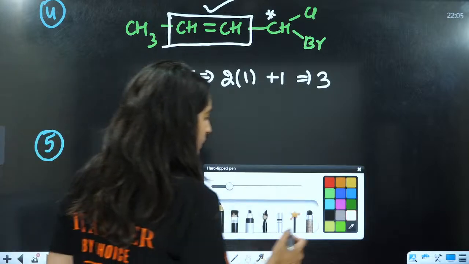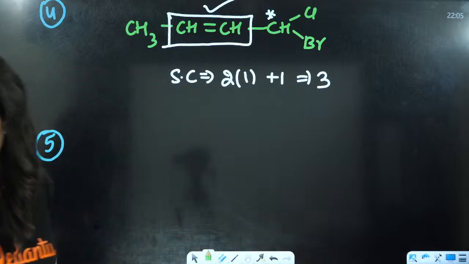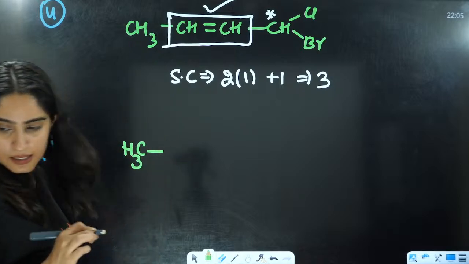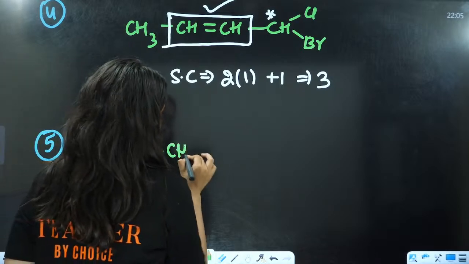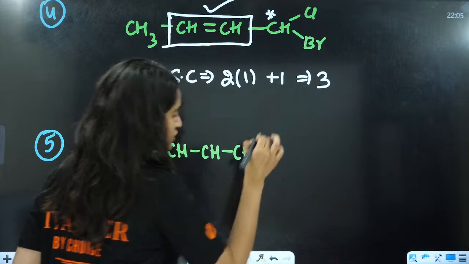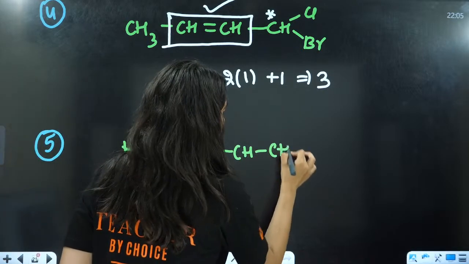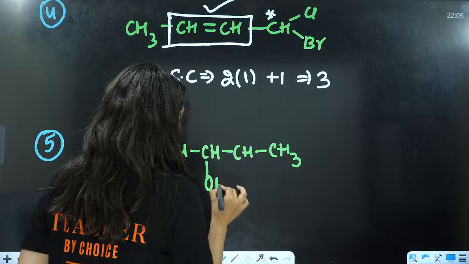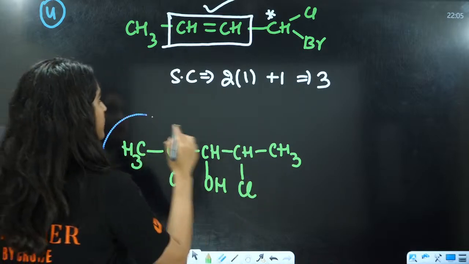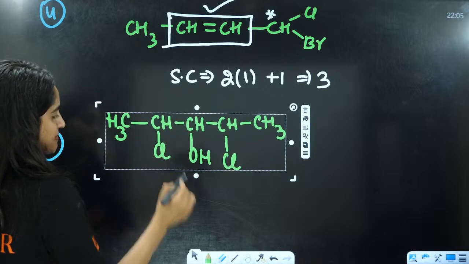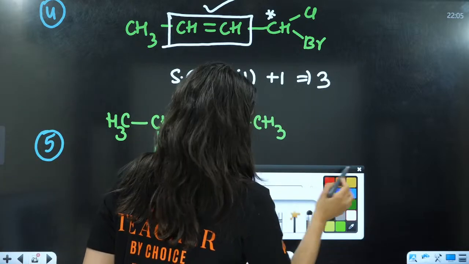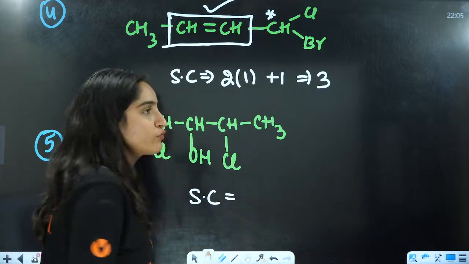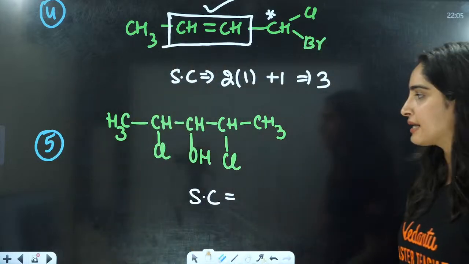Now, the next thing that we have is CH3, CH, CH, CH, CH3, with Cl, OH, and Cl.